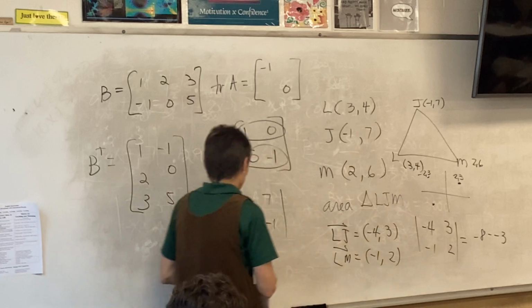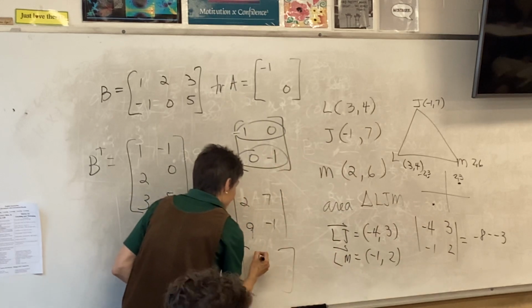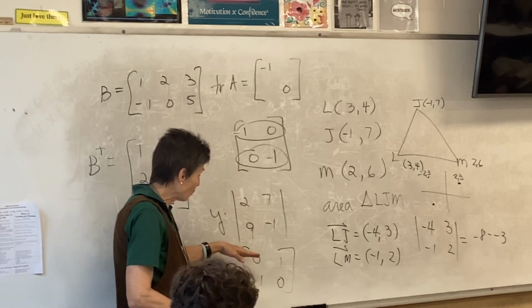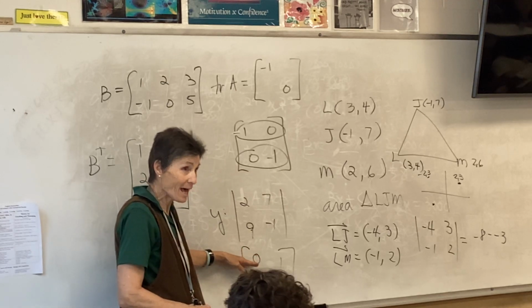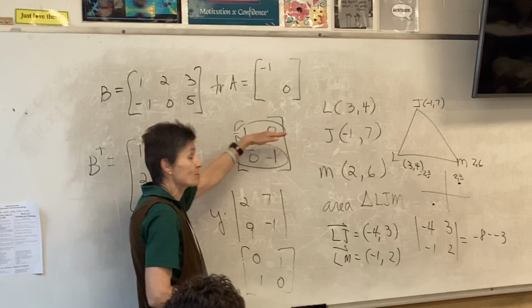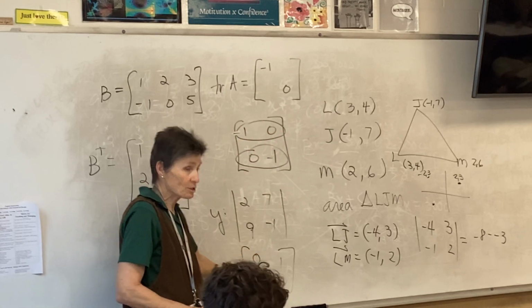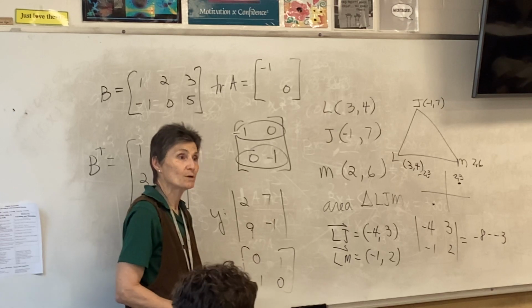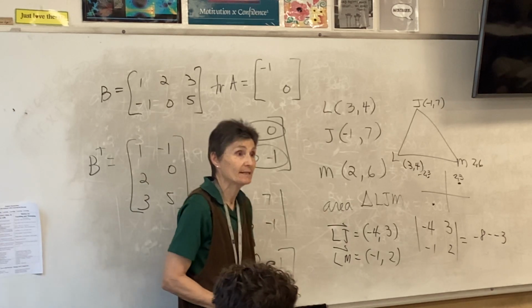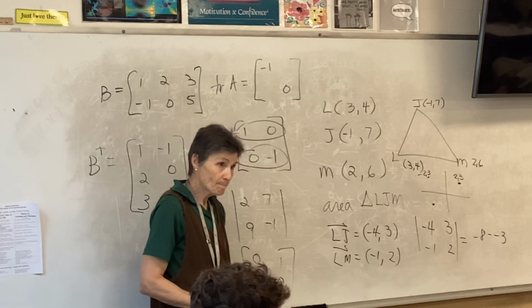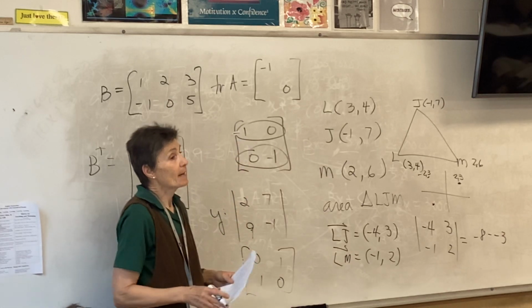When you rewrite your matrix sort of backwards, you've taken what used to be X, but now it's Y. It used to be Y, but now it's X. So what have you done? You've reflected across the identity. You've switched your Y to your X. Okay? All right.